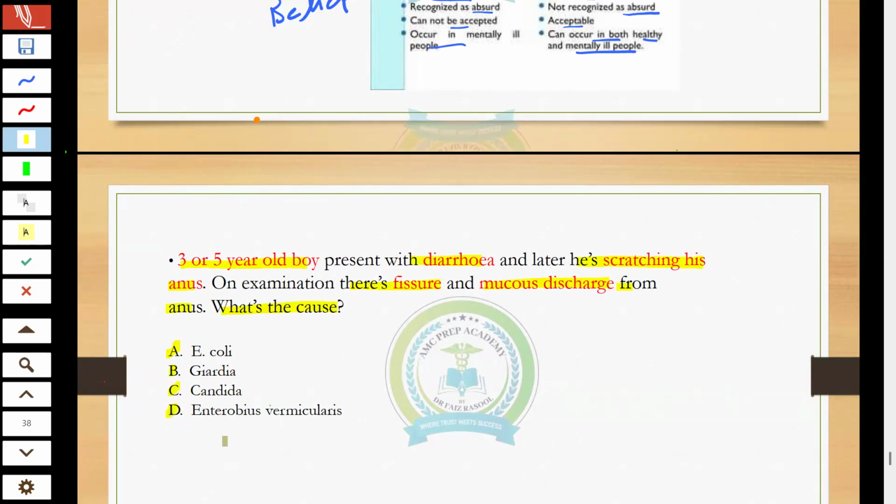Option D, Enterobius vermicularis. So, doctors, the important point from this question is scratching his anus. This is the typical point. Diarrhea and the fissure on examination is another distractor.